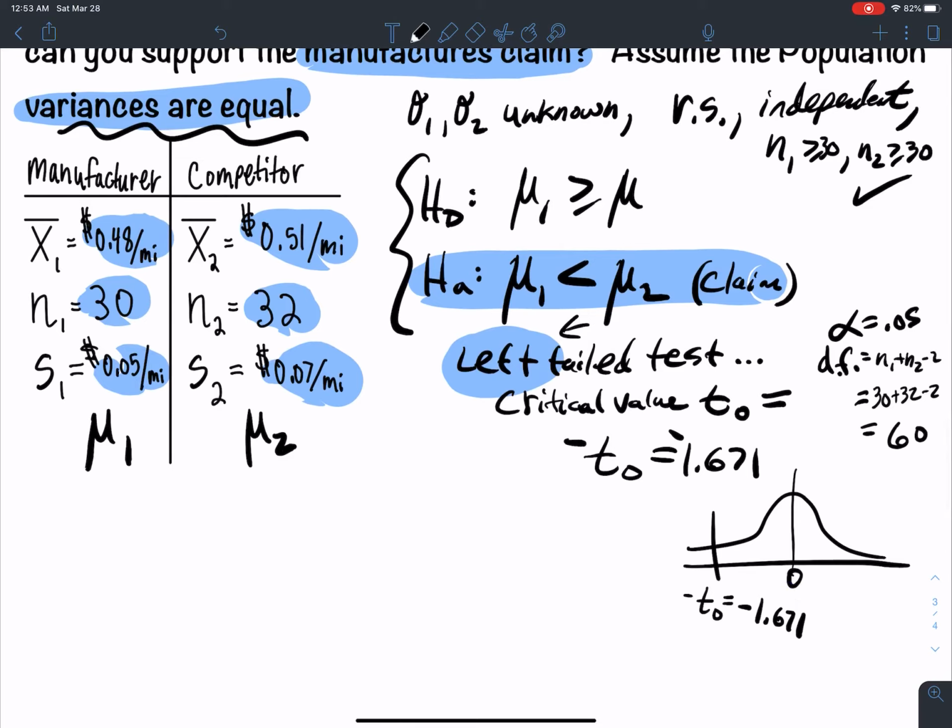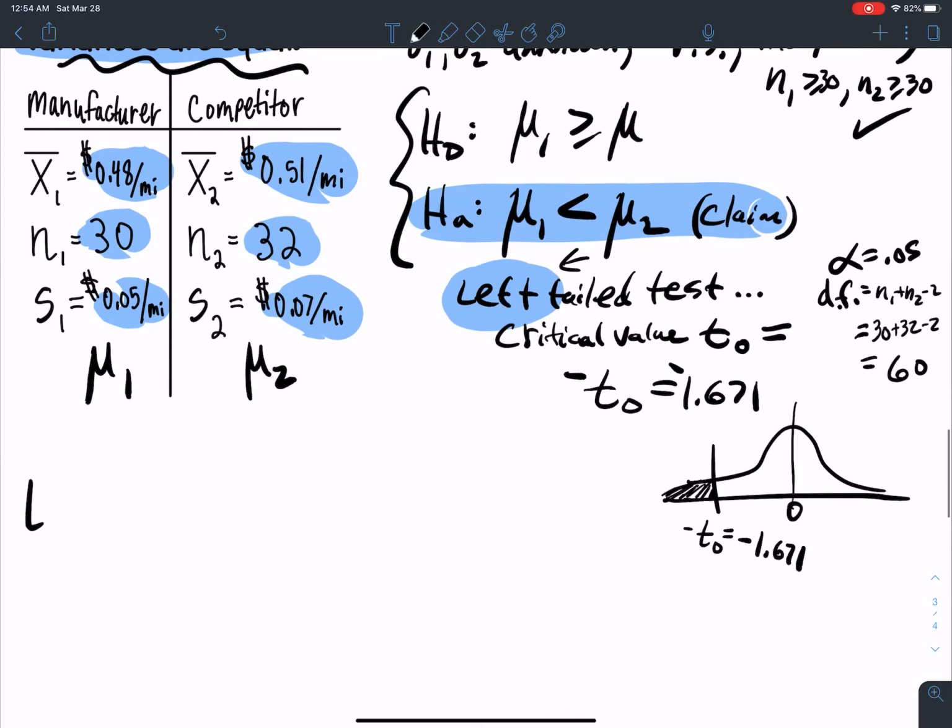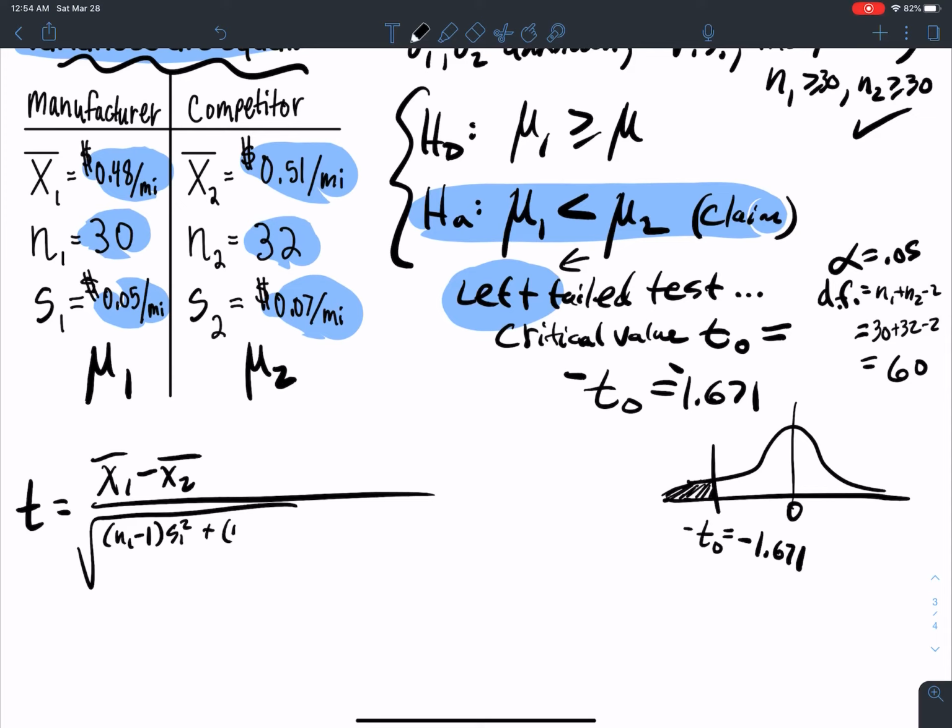Once you've got the negative, now we can work through the problem and see if our test statistic falls in the rejection region or the non-rejection region. So let's see if we can calculate it. t is equal to x bar 1 minus x bar 2 over the square root of n1 minus 1 times s1 squared plus n2 minus 1 times s2 squared over n1 plus n2 minus 2, times the square root of 1 over n1 plus 1 over n2.